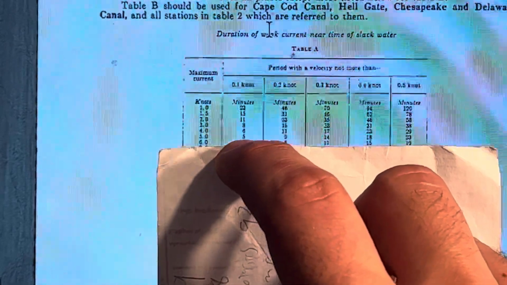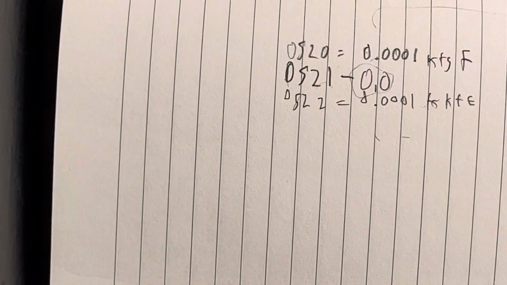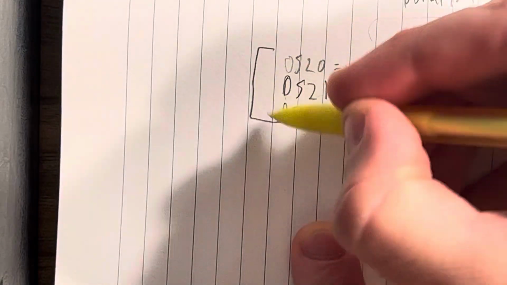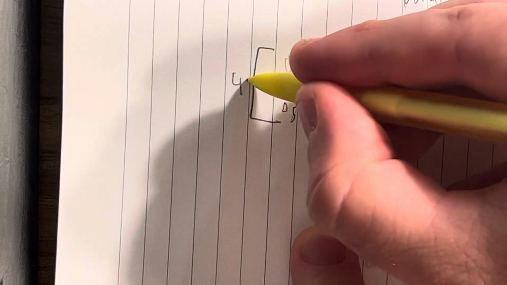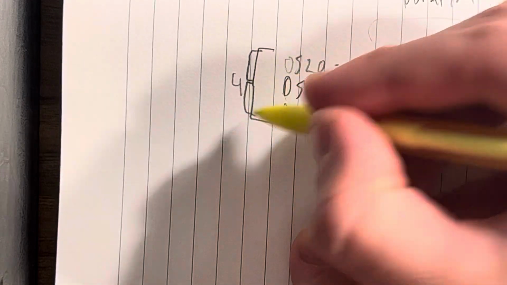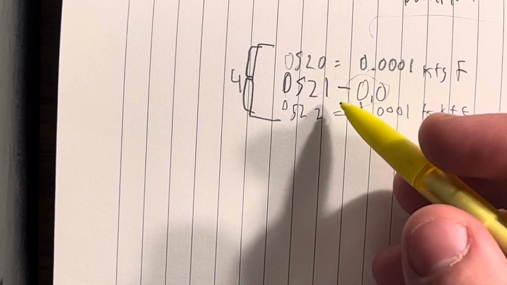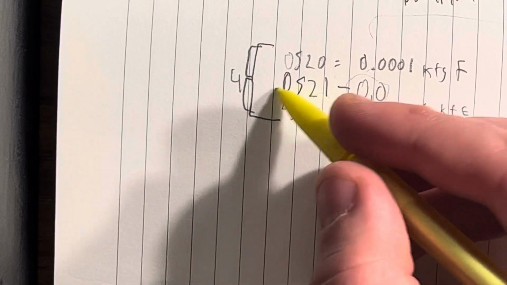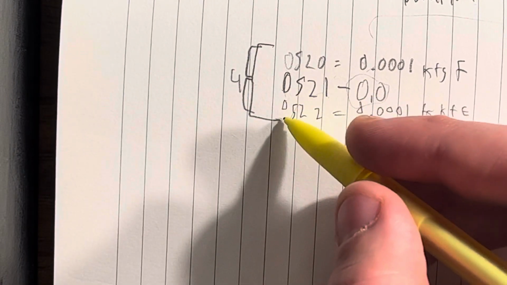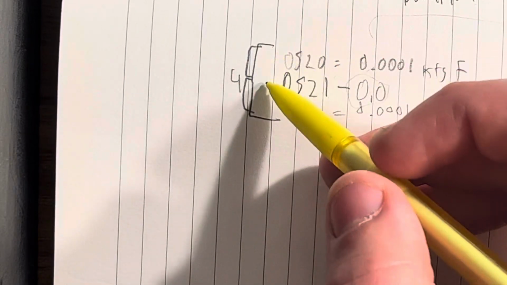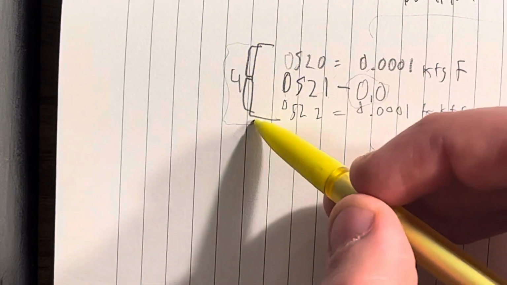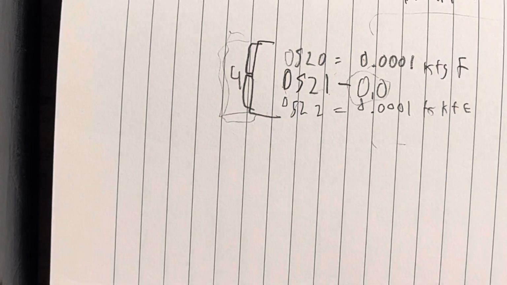So this is 4 minutes total. That means the total period on either side is 4 minutes. So it's technically 2 minutes on this side, 2 minutes on that side. So if we were looking for a time before it gets to 0.1 knots, it would be 2 minutes after 0521 and 2 minutes before 0521, with a total duration of slack of 4 minutes.